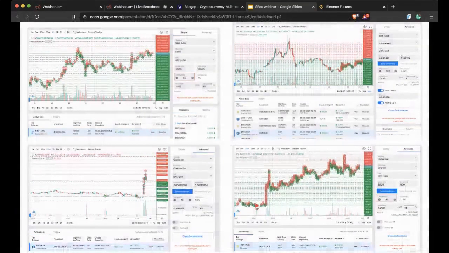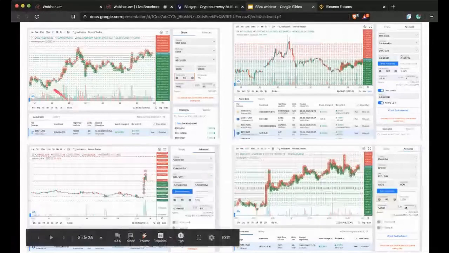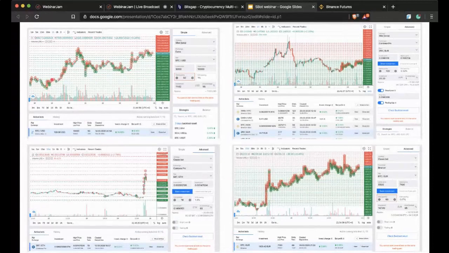Here's the example. You see, this is the uptrend formation, and you see buy orders, which are represented by green circles, and sell orders, represented by red circles. As the price moves upwards, you see that the investment change here is around 14%. That takes into account the bot profit.